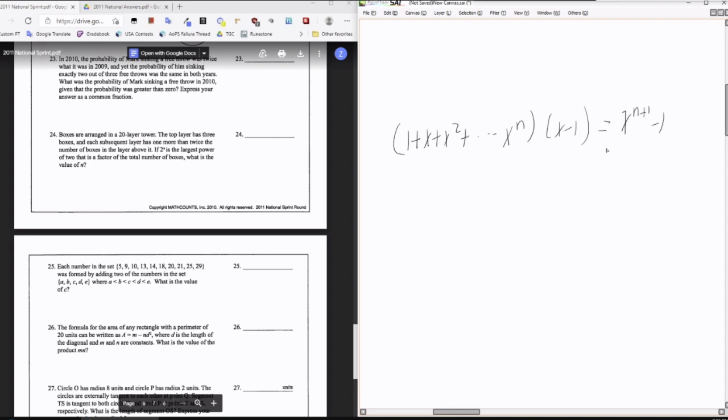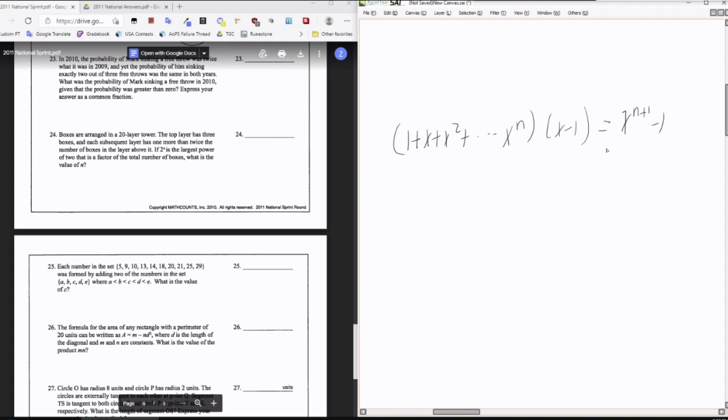Okay, and then just think about how this will hold. If you think about expanding the x minus 1 with the big thing on the left, if you first multiply the x by the x to the n, you see that we get our x to the n plus 1 value.